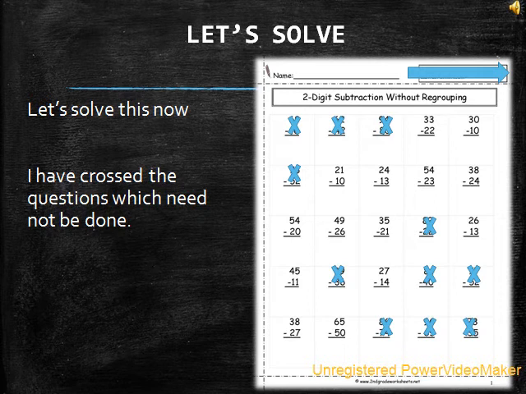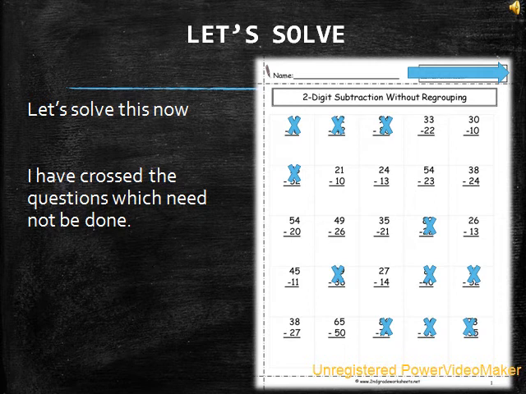Yes, it is 0. And what is 3 minus 1? It is 2. So the difference comes out to be 20. Similarly, you can solve all the questions.